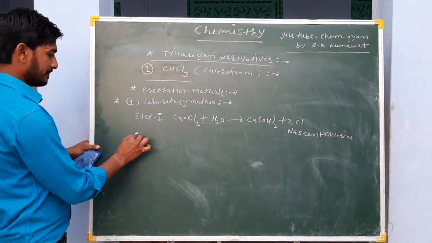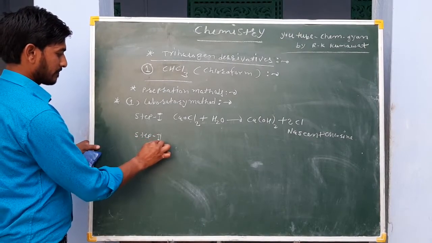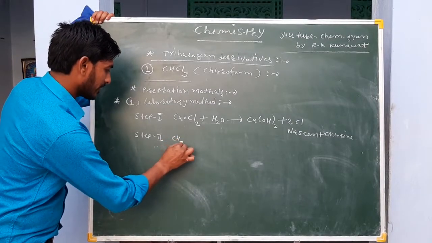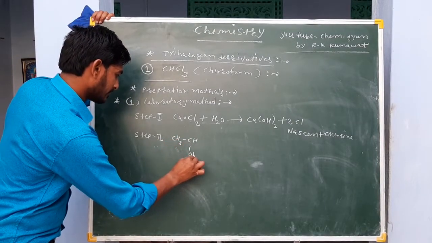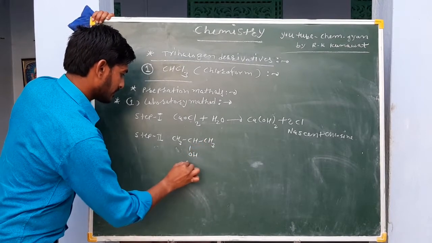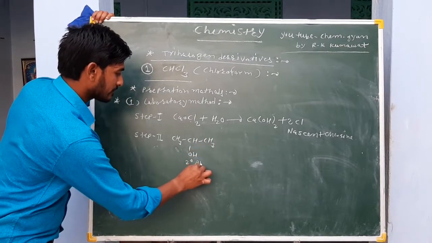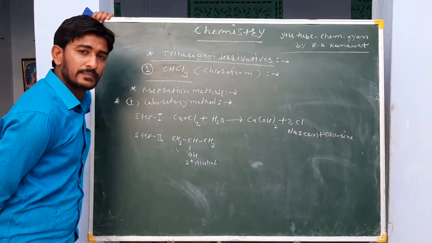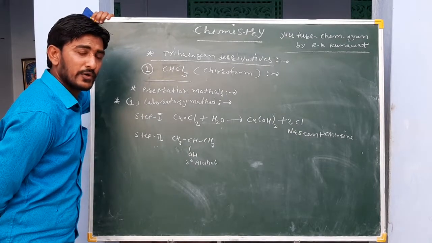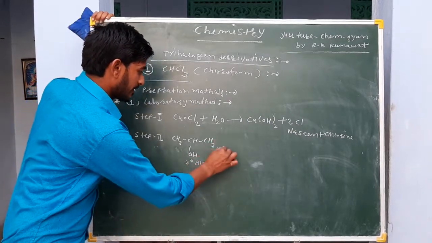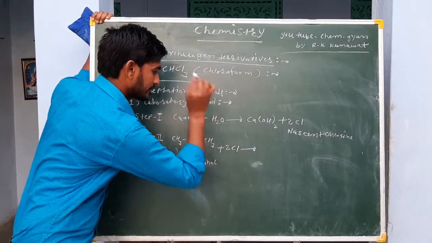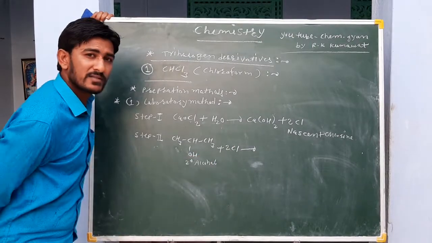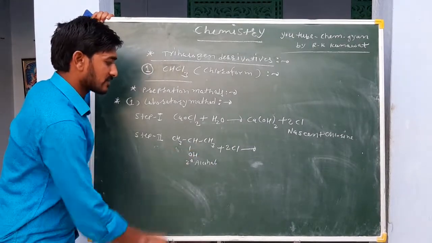Step second is secondary alcohol, propanol or 2-propanol, reacting with nascent chlorine. We know that the Cl oxidation state is -1 and the hydrogen oxidation state is +1.